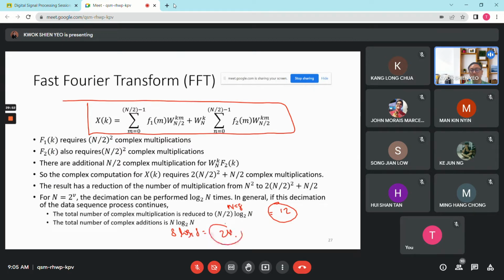This one you can calculate also. But the complex multiplications are the ones taking up most of the resources. Imagine you have a plus jb multiplied with c plus jd.